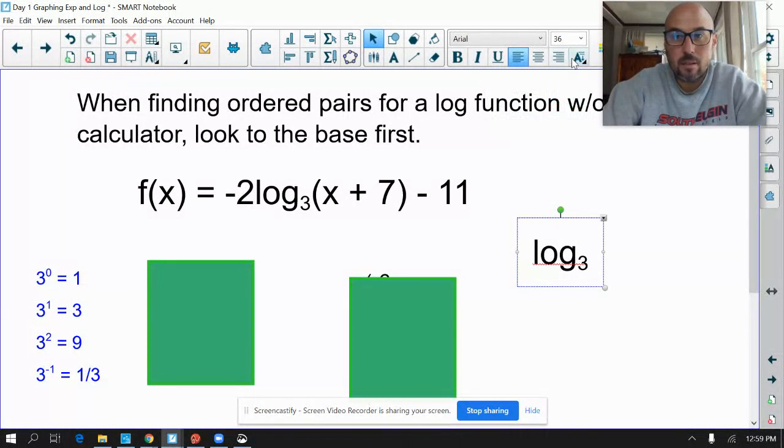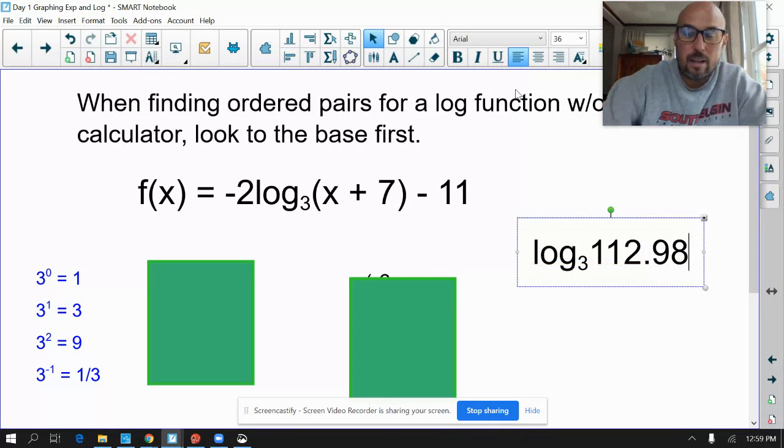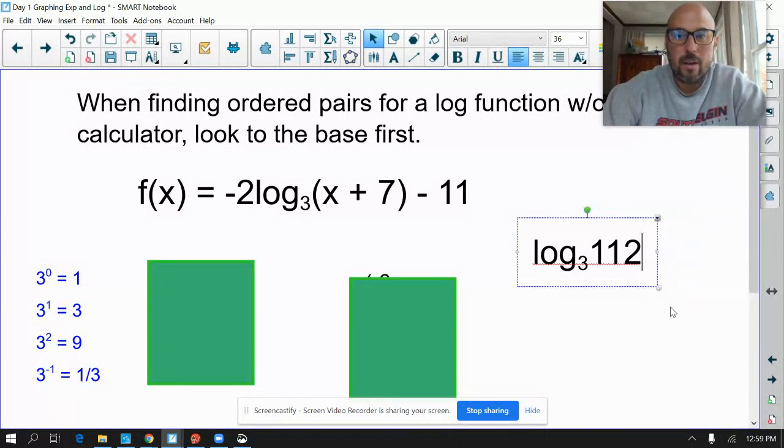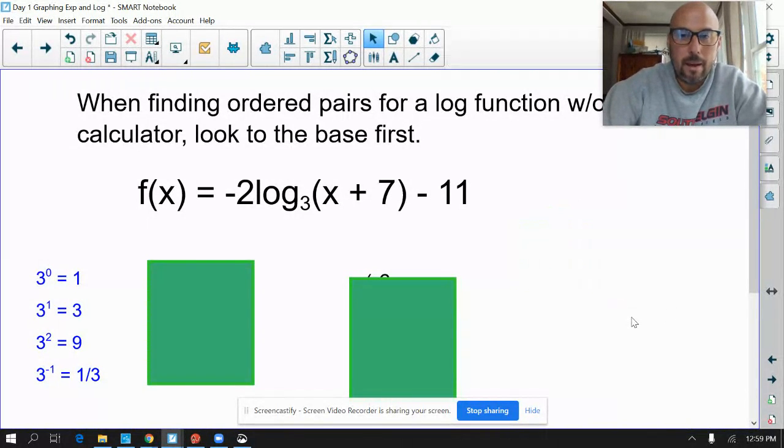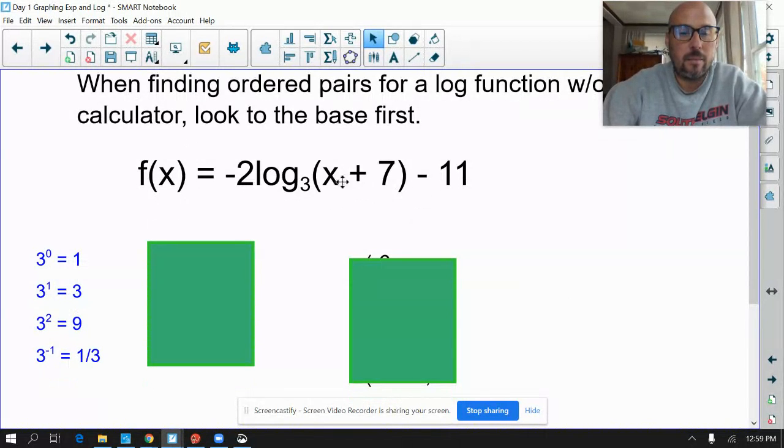So log base 3 of 112.98, there is an exponent that will go on 3 that will result in 112.98, but goodness knows what it is. A calculator will really help us there. But there is a way to bypass that if we can pick good numbers for us. And since this x value, our domain, is a big domain, there's lots of numbers to choose from. We want to choose good ones.